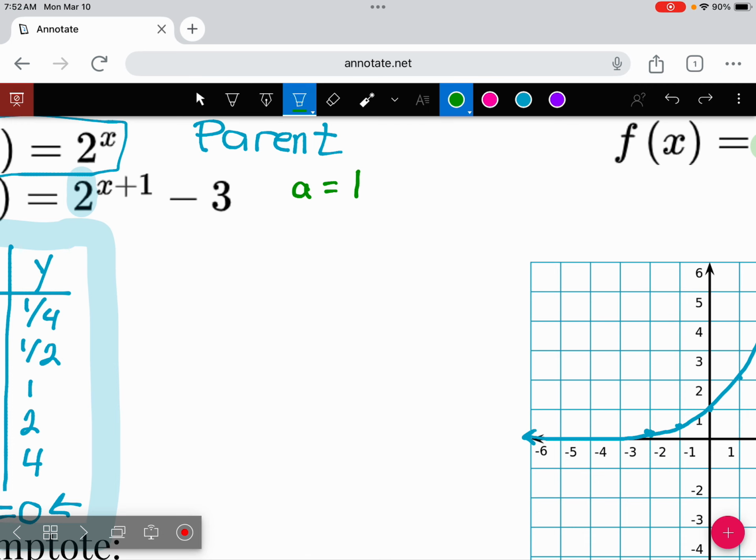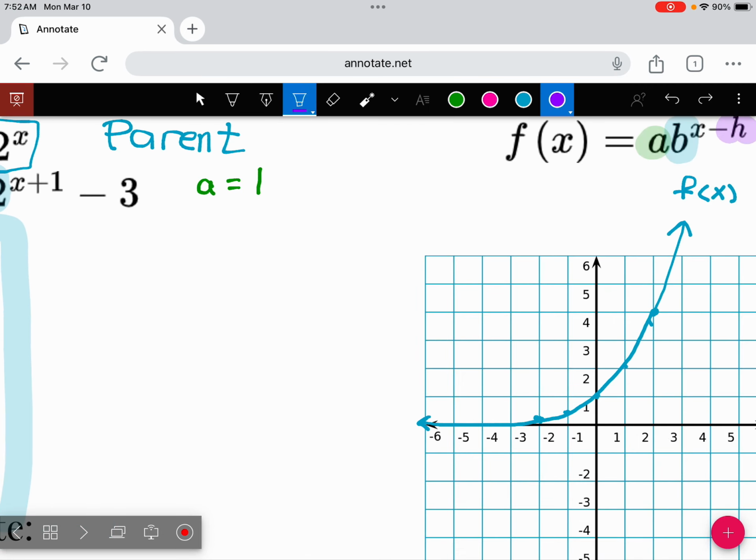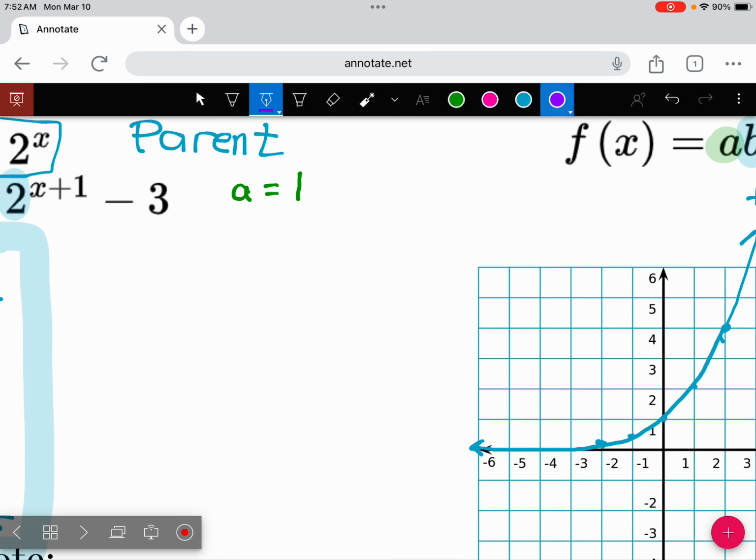How about our h? X minus something in the exponent. Our h is going to be what? Think of it like our factors. -1.